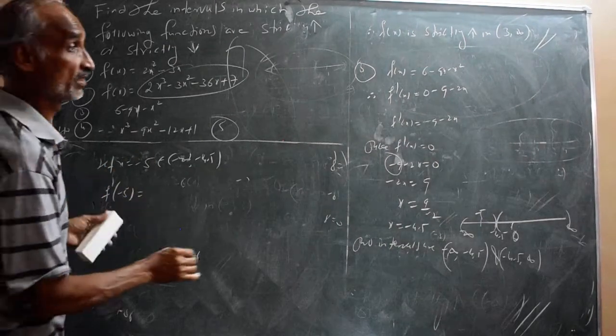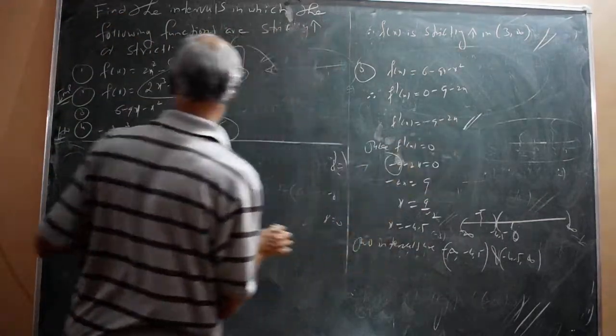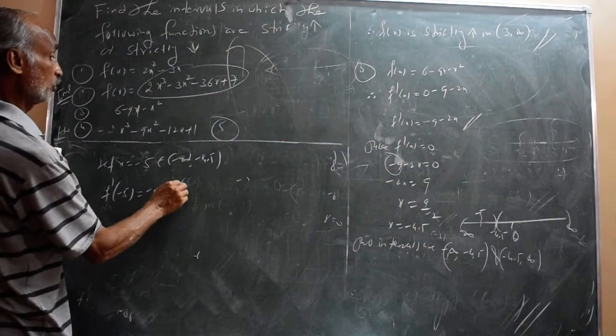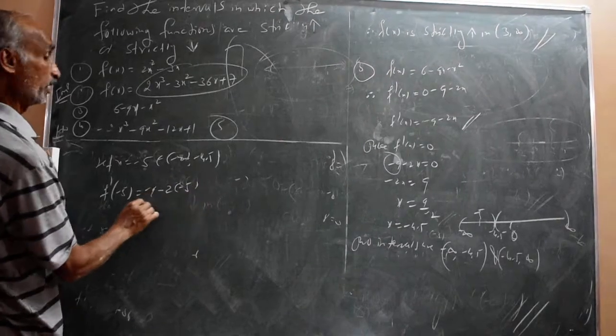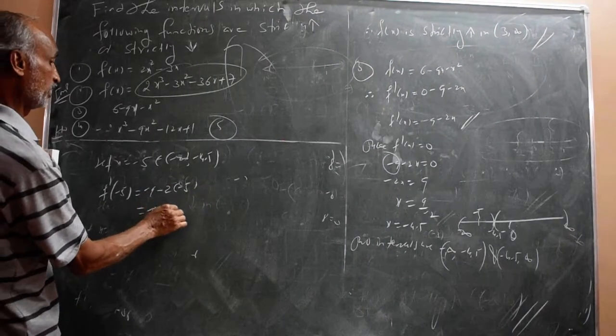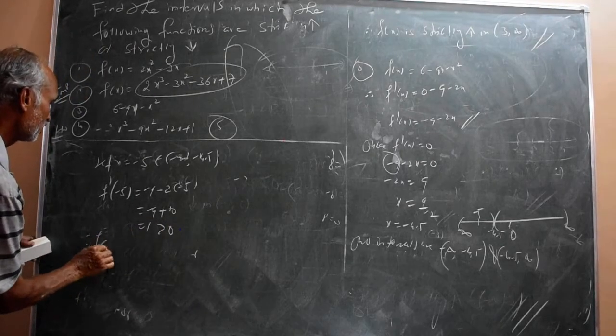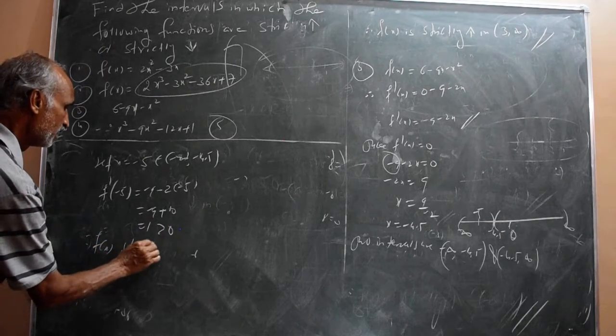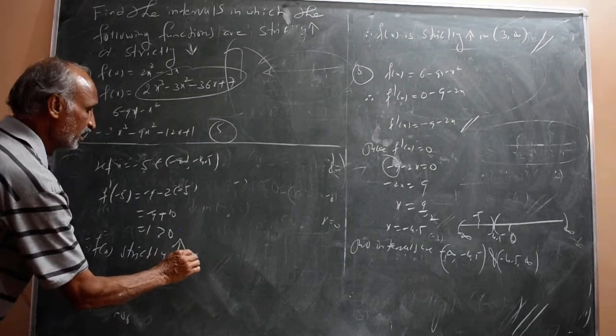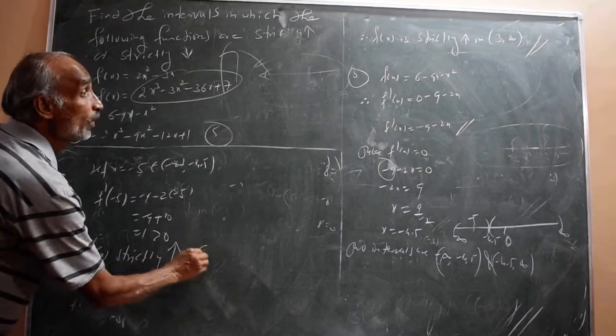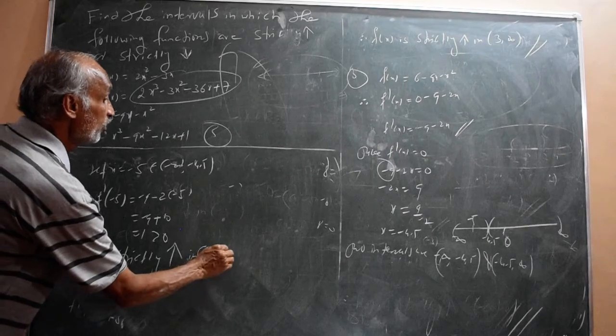What is f dash of x? It is minus 9 minus 2 into minus 5. Okay. Minus 9 plus 10, which is 1, greater than 0. Therefore f of x is strictly increasing in which interval? Minus infinity to minus 4.5.